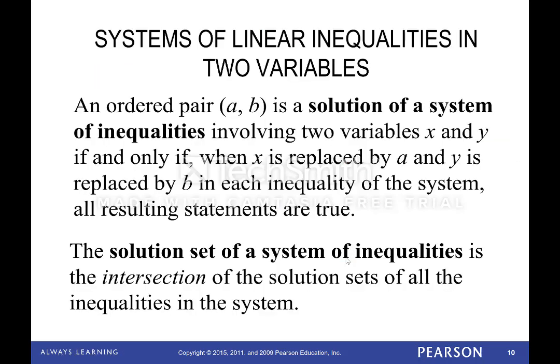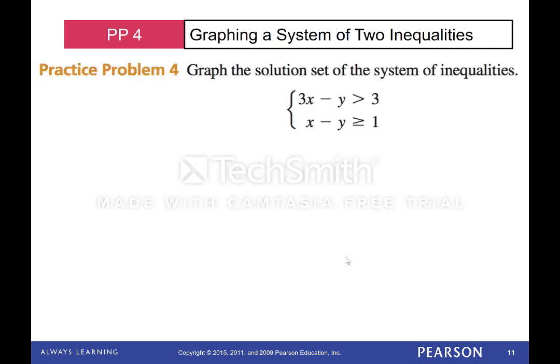All right, so now let's move on to systems of inequalities here. Not much different to do. We are going to pretty much just graph the same thing, just do it twice.